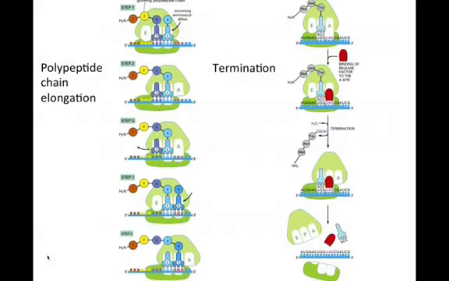Okay, so you've identified your correct start because you remembered to put the Kozak sequence in, or nature has remembered to put a Kozak sequence there. And then your ribosome assembles, and your first tRNA comes in with your methionine, and then you add each additional tRNA according to the codon that's present, and you get the growth of your protein, your polypeptide chain.